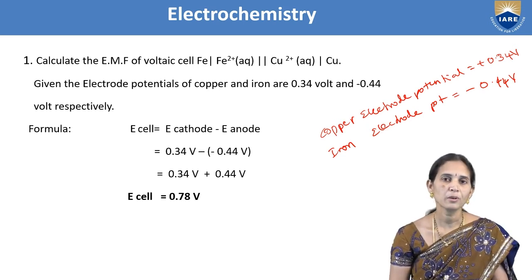So in the problem, the given electrode potential of copper is plus 0.34 volt and iron is minus 0.44 volt.